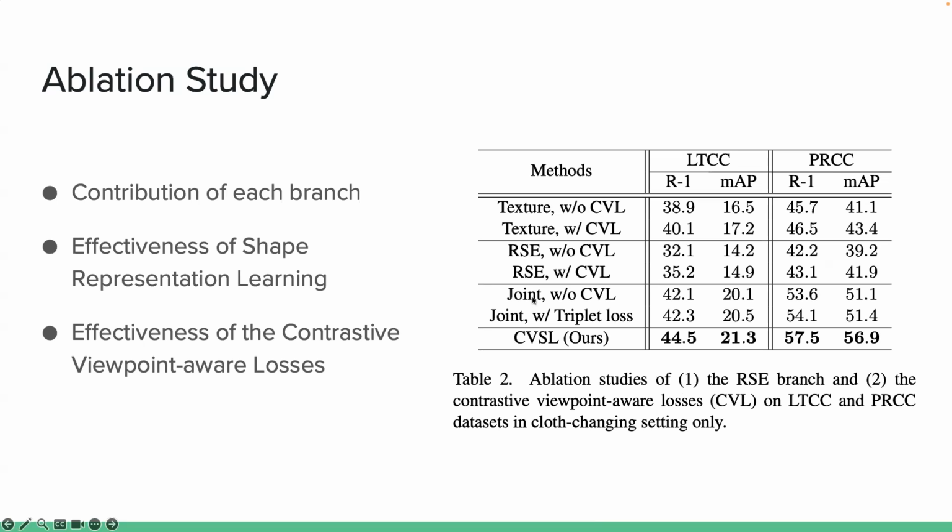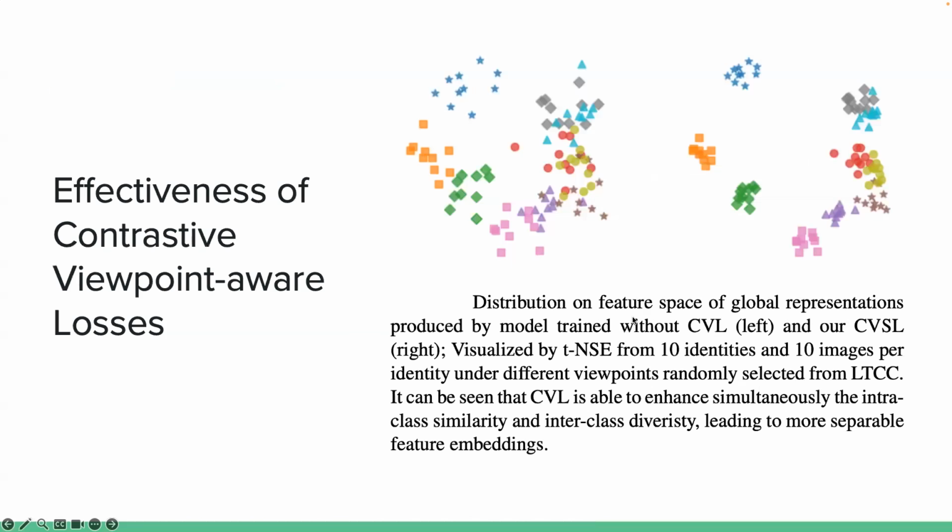By coupling shape representation, we can see that we significantly improve re-ID accuracy under cloth-changing scenarios. The effectiveness of the contrastive viewpoint-aware loss is also shown here, where by adding it, we can boost the re-ID accuracy in all model settings. The proposed loss also shows superiority over the traditional triplet loss.